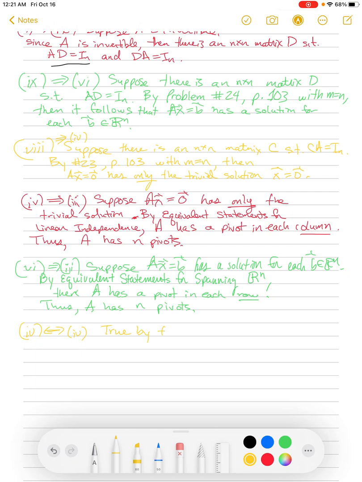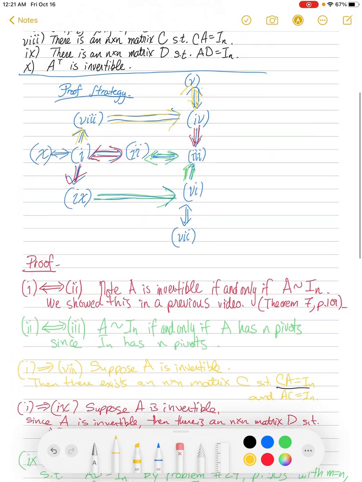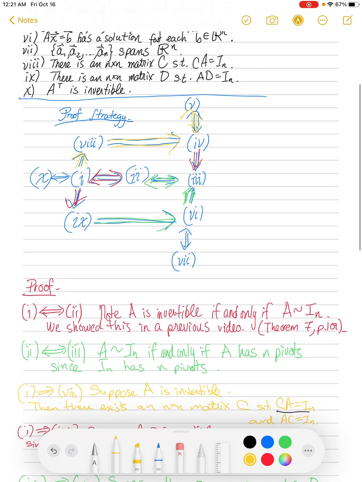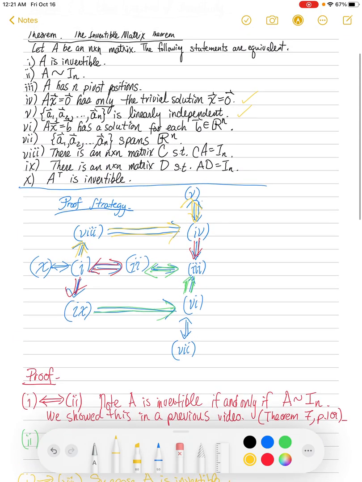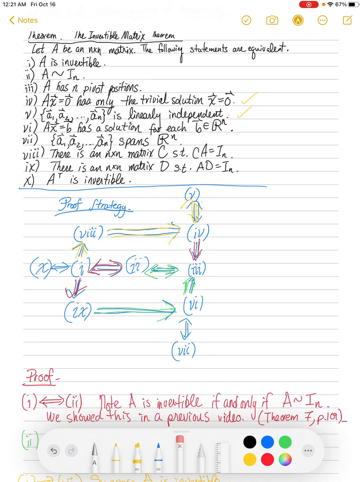This is true by the equivalent statements for linear independence. So we don't even have to worry about proving that. 4 if and only if 5.